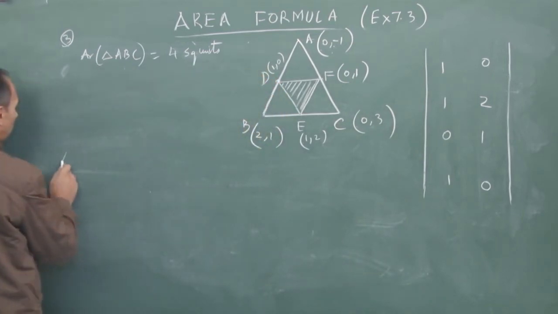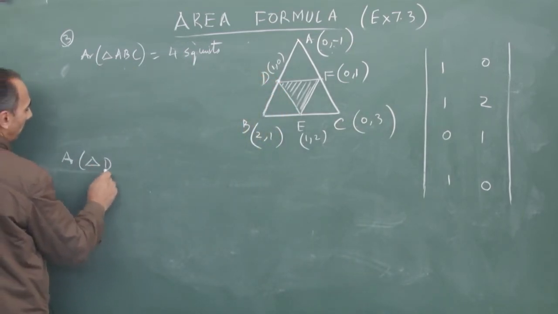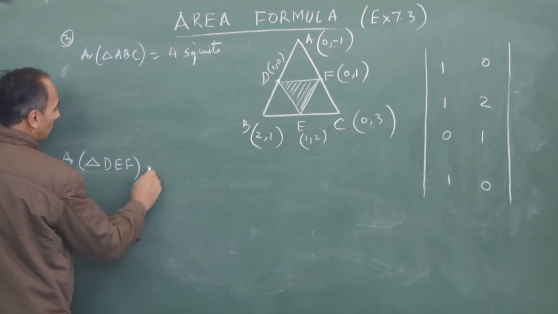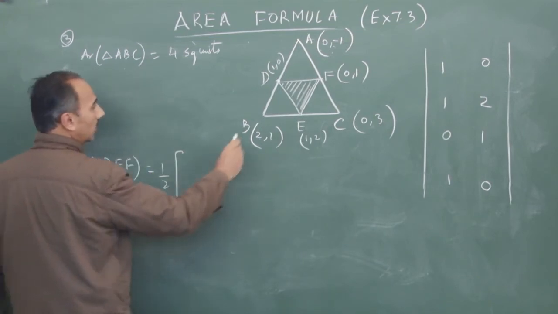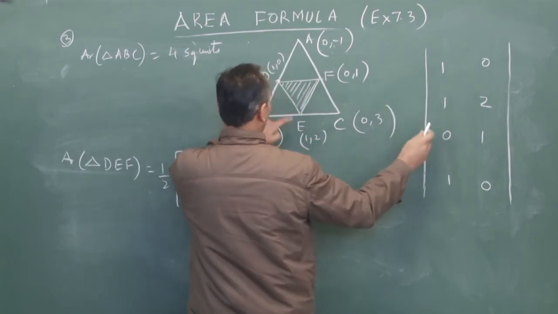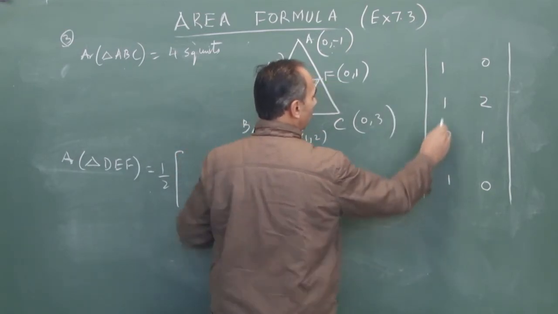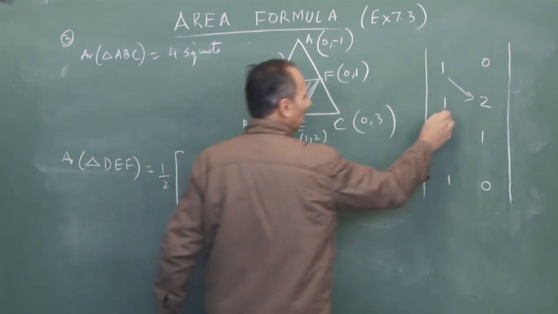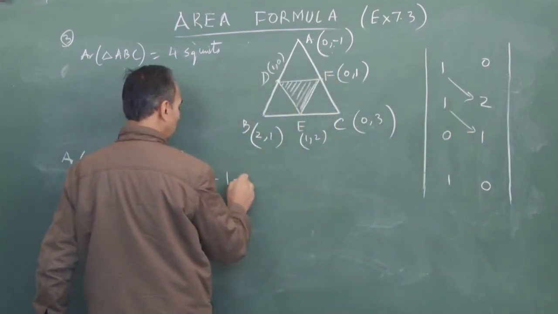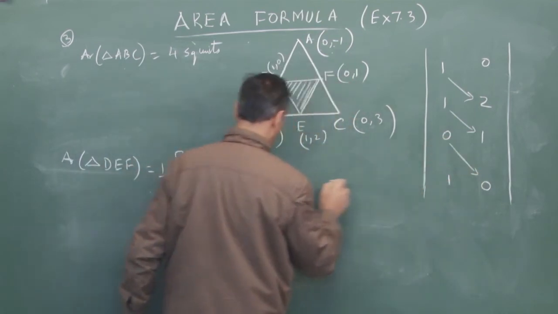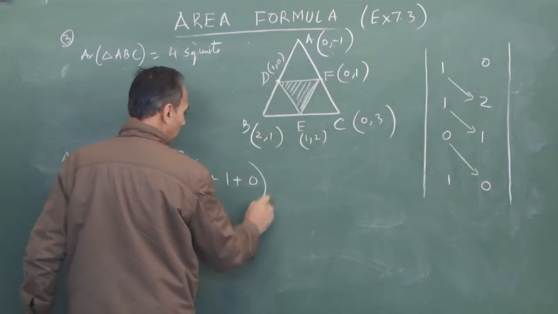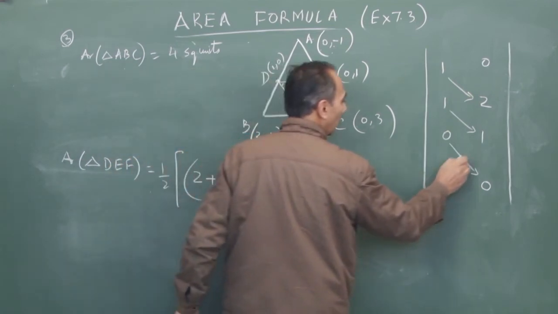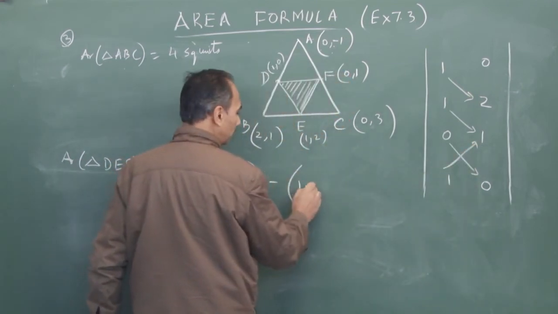So I would write area of triangle DEF. That's 1/2. Coordinates of D, E, F, again coordinates of D. 1 into 2, that is 2. Plus 1 into 1, that's 1. Plus 0 into 0, that's 0. Close the brackets, minus times. 1 into 1 is 1.